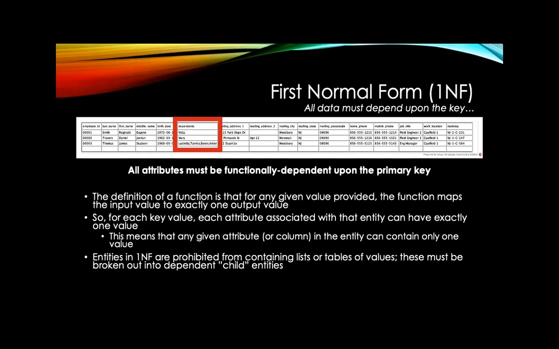Not knowing any better, maybe I say if there are more than two names in the dependents column, but now I've got to write an interesting little piece of code that says if there are semicolons in that value, then go through and parse every piece of data separated by a semicolon and count them up. And if it's two or more, return that employee ID. Very inefficient in terms of how you write that query. And it also requires somebody to do a lot more than write a simple select statement to pull it out.